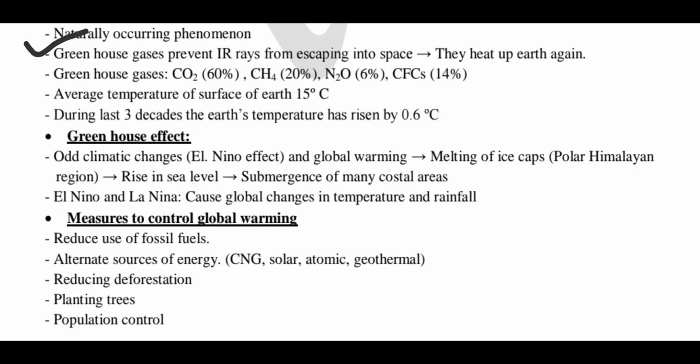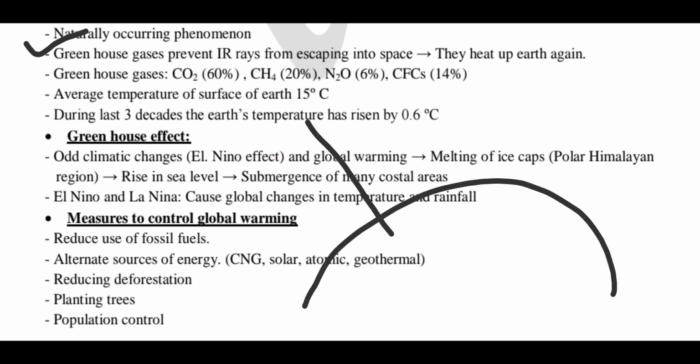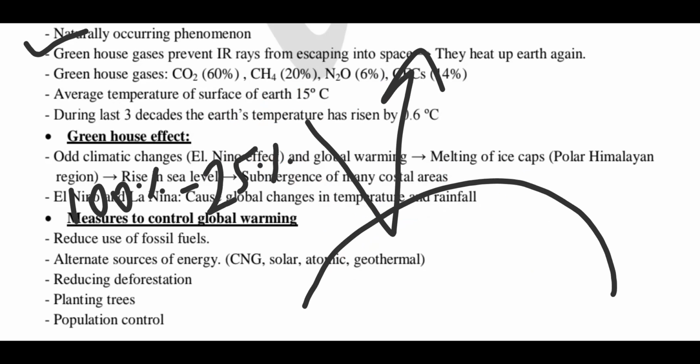From the earth's surface, a small portion of the solar radiation which reaches it is reflected back. See, total 100%. Out of 100%, 25%, that 1/4, is reflected back by clouds and gases before reaching the earth's surface. Another 25% is absorbed by the gases.